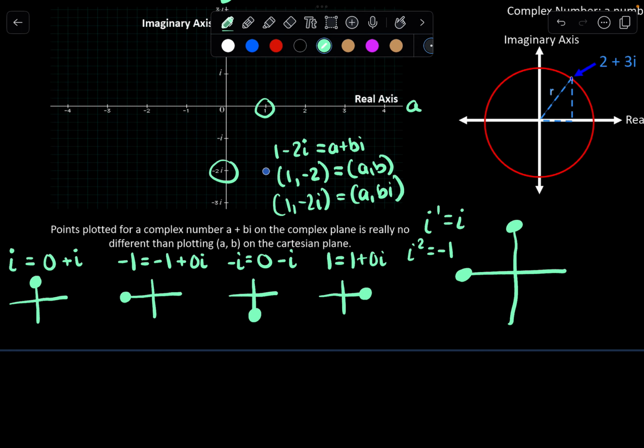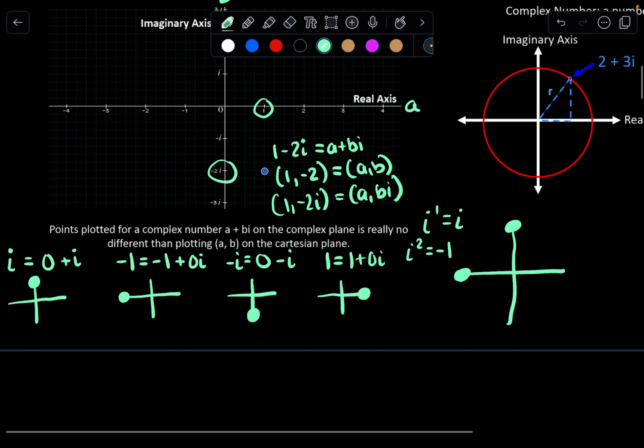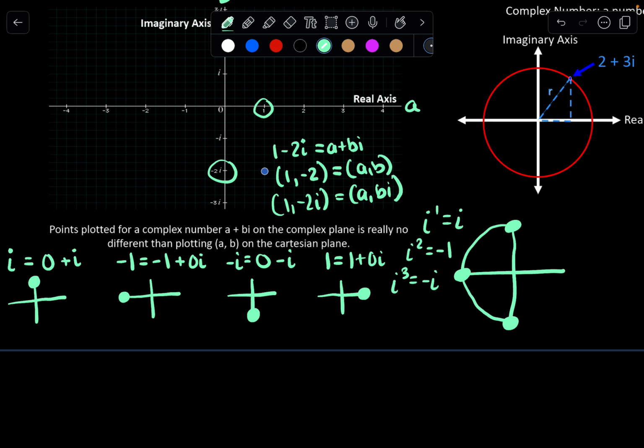And if I were to draw a curve connecting these 2 points, it would look like this. If we continue to i cubed, that is just negative i, so I would plot the point here, and again I can continue this curve in this direction. And i to the 4th, that will be positive 1, and then I can connect the curve here.